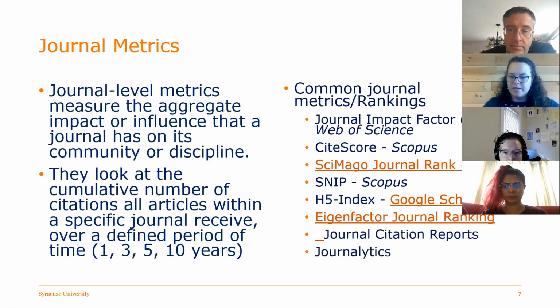all different fields. For example, if you're publishing in, say, an epigenetics journal or something that's cutting edge science in biology or medicine, the chances that your article is going to get cited at a higher rate because it's fast moving science are greater than if you're publishing in an anthropology journal.